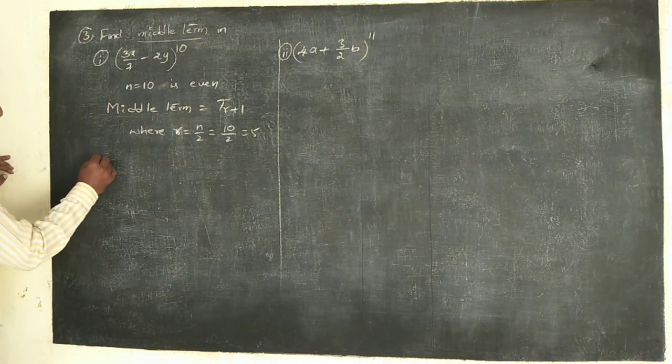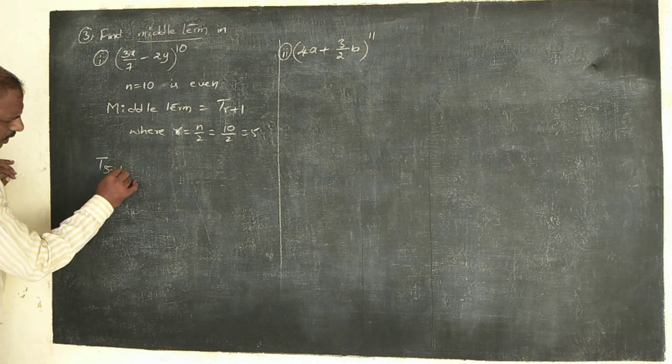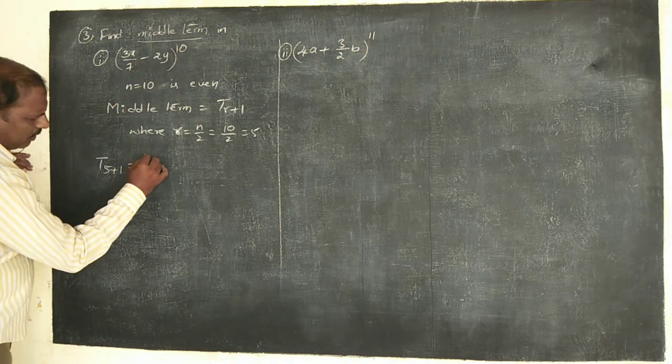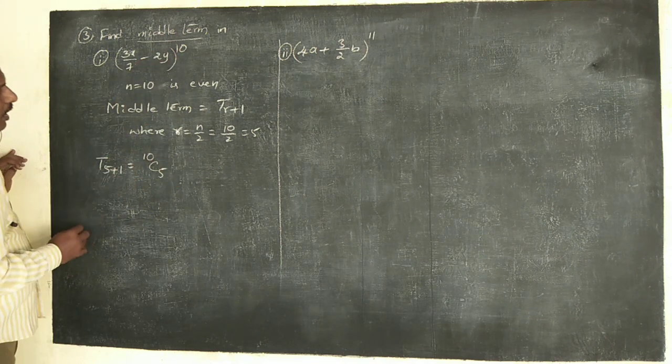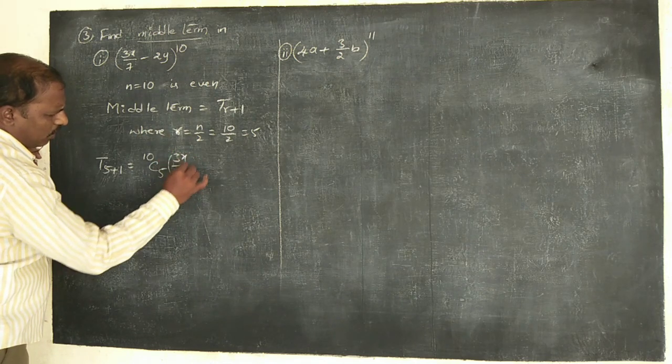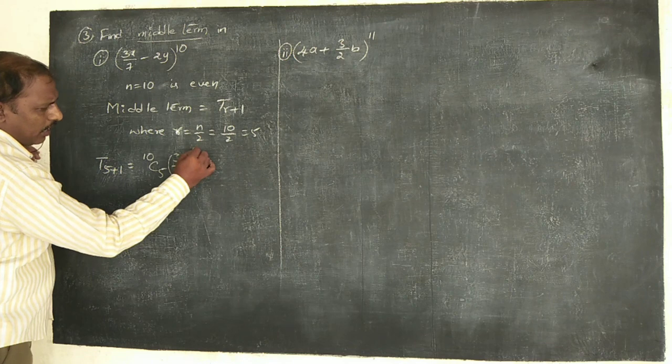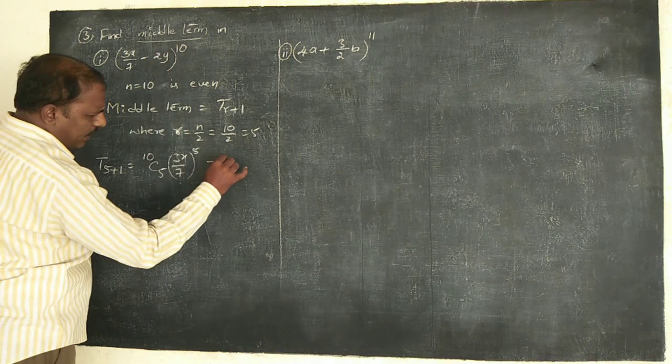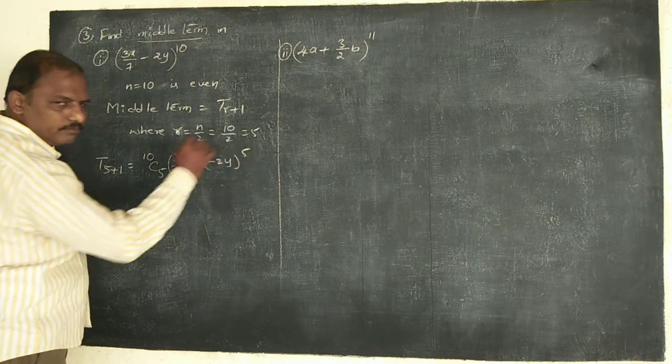r is 5. Therefore, T(5+1) is nothing but nCr, x to the power of n minus r, that is (3x by 7) whole to the power of n minus r, into a to the power of r, that is (minus 2y) whole to the power of 5.